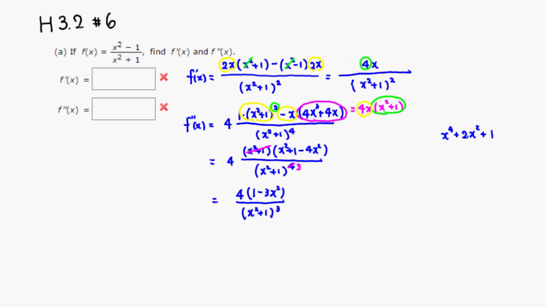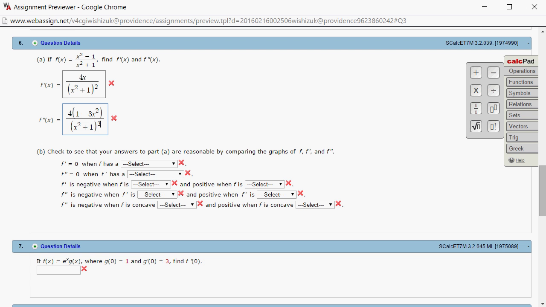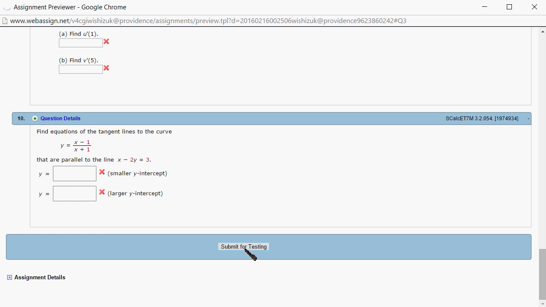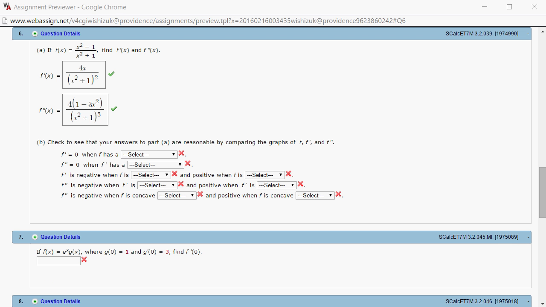Actually, there might be an x there. Oh, actually, x is not there, sorry. So I think this is okay. Let's go ahead and check the answer here. Submit for testing. It came back and we have done part A correctly.